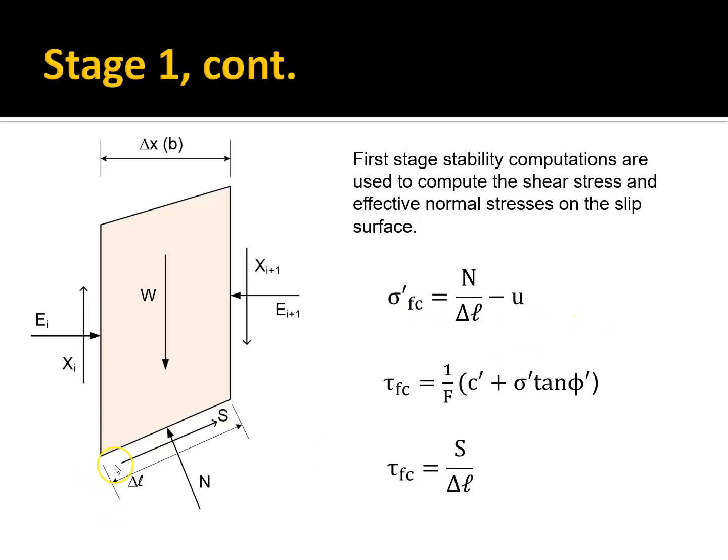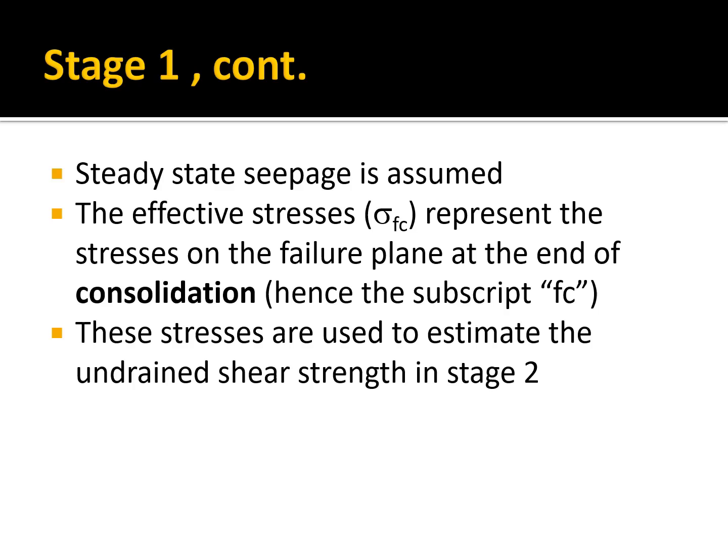Now, the shear stress along the failure plane at the end of consolidation stage is the mobilized shear strength, or this shear force here divided by delta L. But this sigma prime FC, the effective normal stress on the failure plane at the end of the consolidation stage, is what we're going to use to figure out what undrained strength to use.